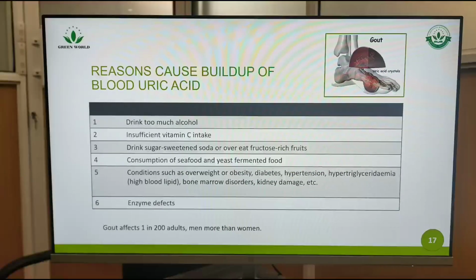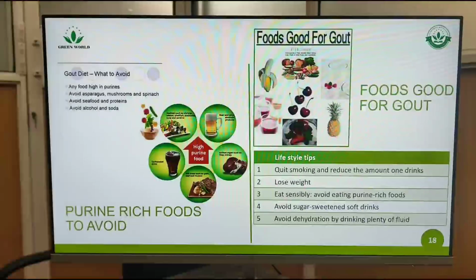Then high blood lipid, heart is also there. Bone marrow disorders, kidney damage, you see kidneys there. Those are 6 crucial important organs, zinajirudia tu, which may also result in it. So at last, enzyme defects may also cause abnormal purine metabolism. So when your enzymes are not working normally, okay?